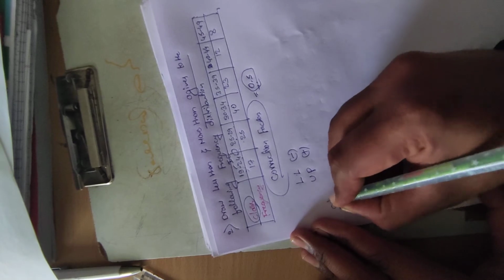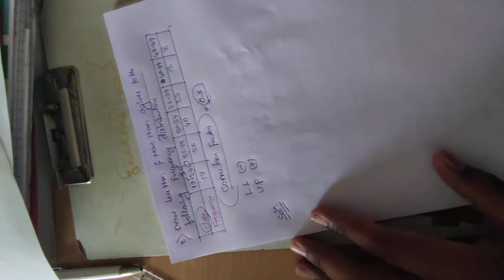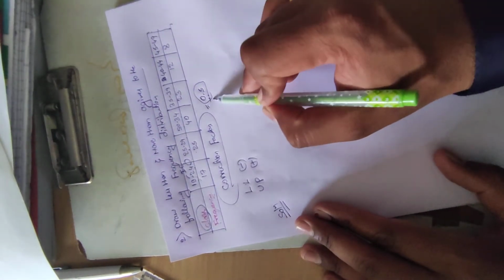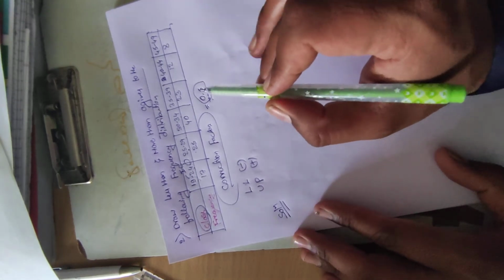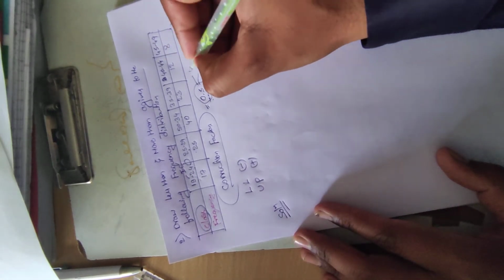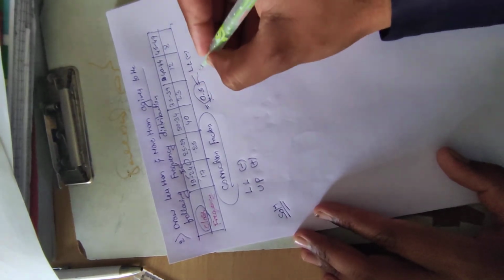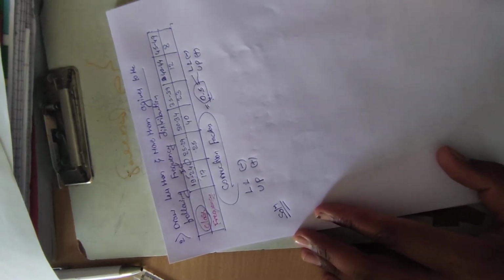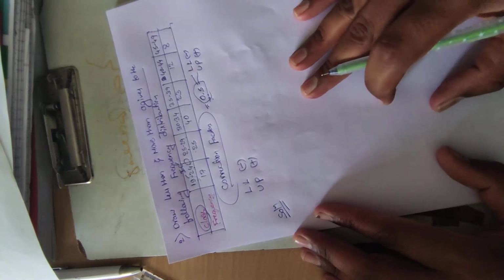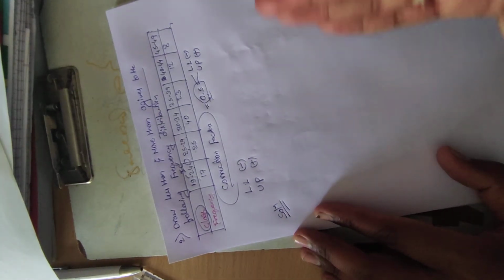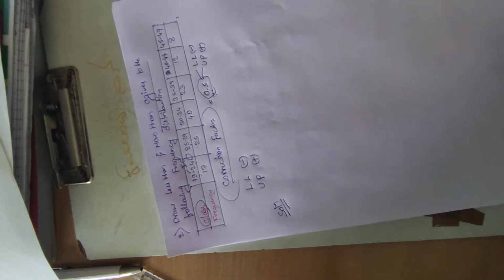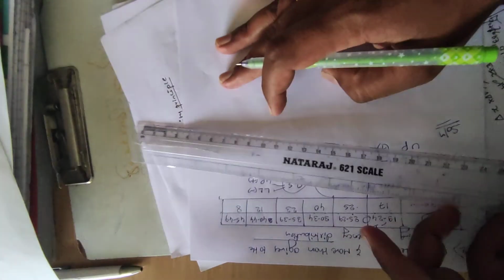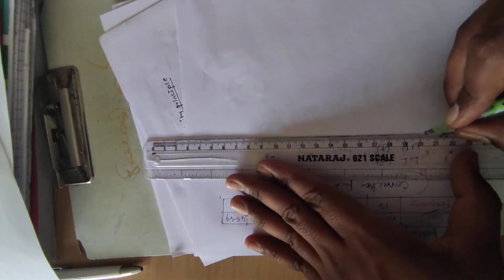Let us solve. For this, the correction factor will always be 0.5 only. Lower limit we subtract, upper limit we add, and automatically the inclusive class interval problem is converted into exclusive class intervals. Let us see how to convert.